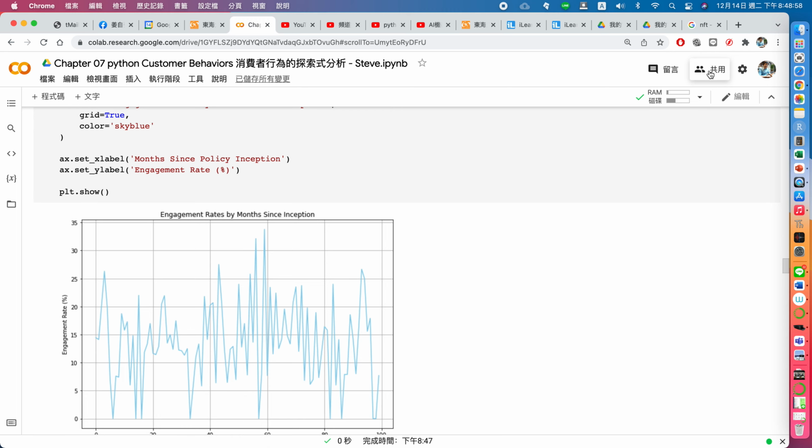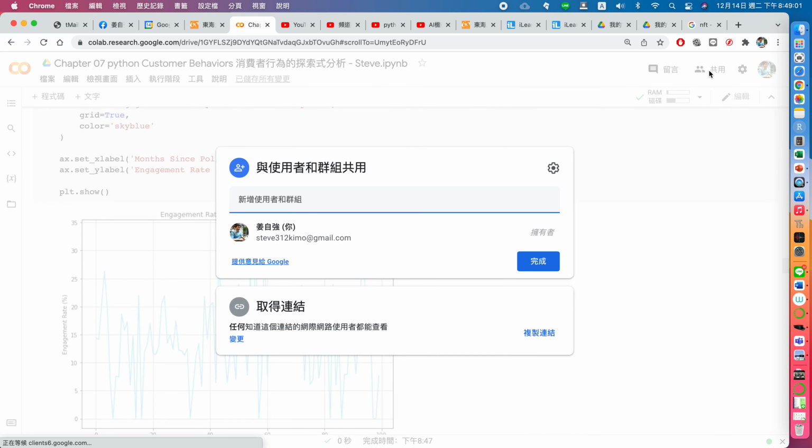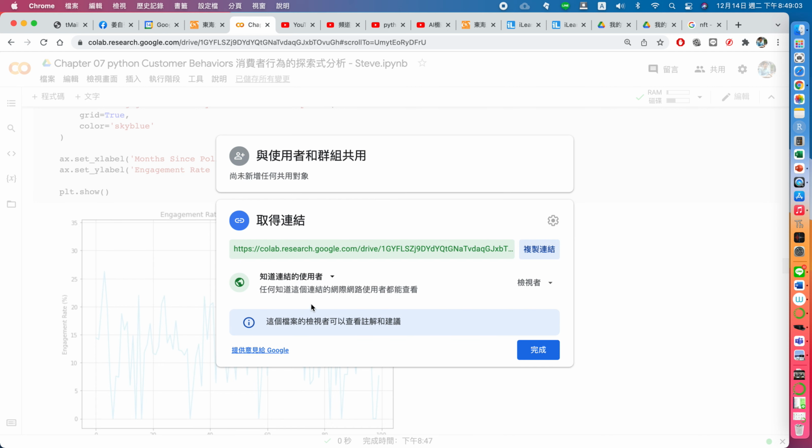So you have to share this one. Don't forget to change your link settings so the teacher and TA can check your homework. Then finish, and you can copy the hyperlink and just paste the hyperlink to our homework assignment. Okay, see you guys next week.